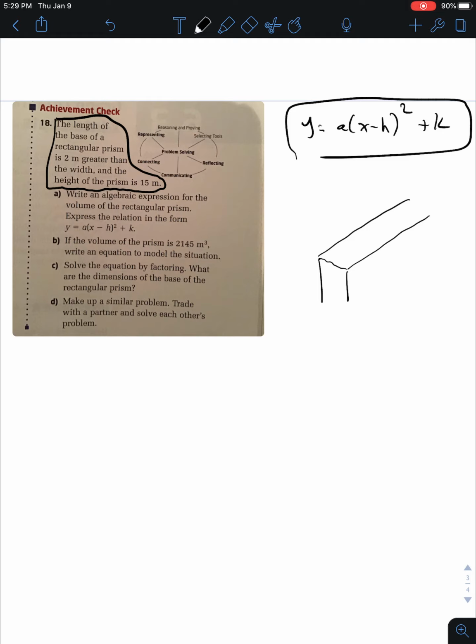This isn't a very good prism, but it's okay. Okay, something like that.